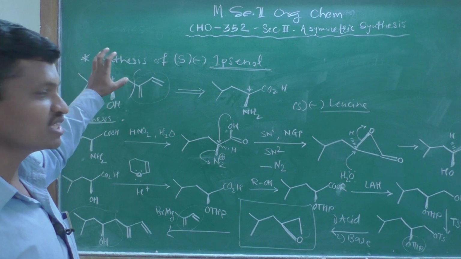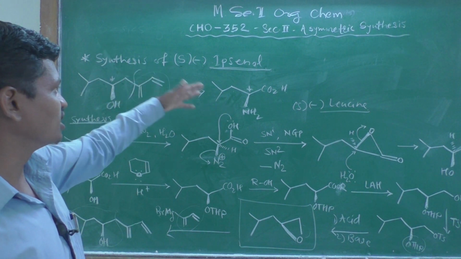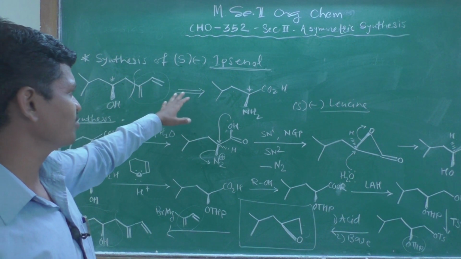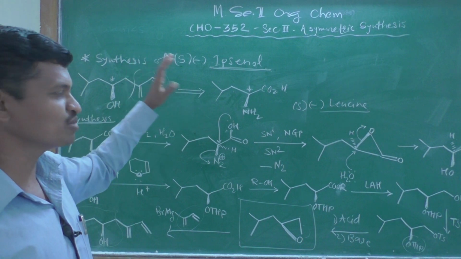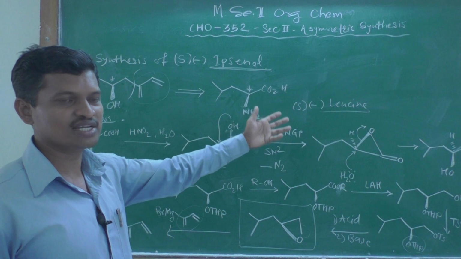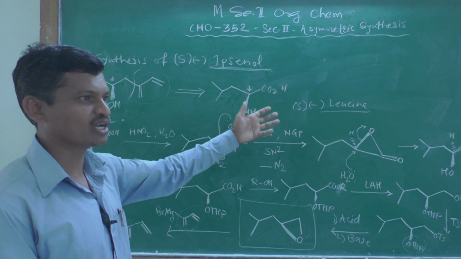Now we have to synthesize this molecule, so we do the asymmetric synthesis and retrosynthesis here. By applying knowledge of retrosynthesis we get a simple molecule, S-leucine, which is a naturally and easily available optically pure compound.